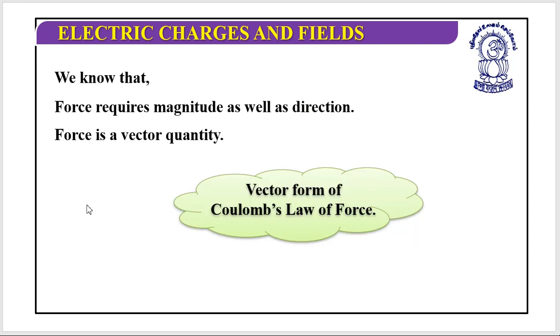So we know that when force is there, is it a scalar or a vector? Yes, it's a vector. So how many things does a vector require? Basically it requires three things.